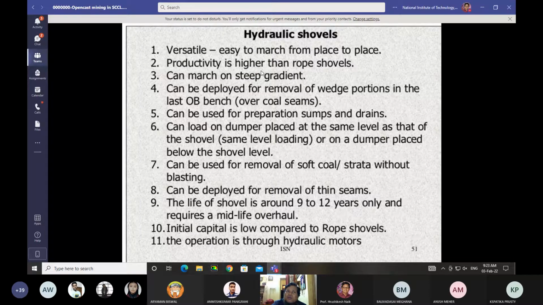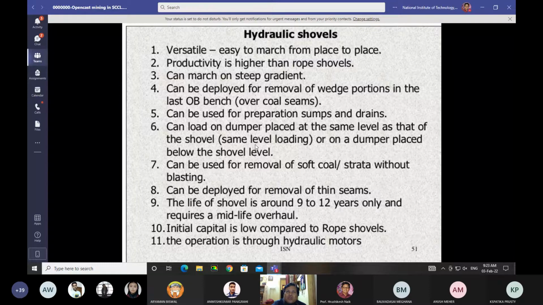Therefore people are going for diesel operated shovels, and these machines can also march on steep gradients. The hydraulic shovels can be deployed for removal of the wedge portions in the last overburden bench over the coal seams.